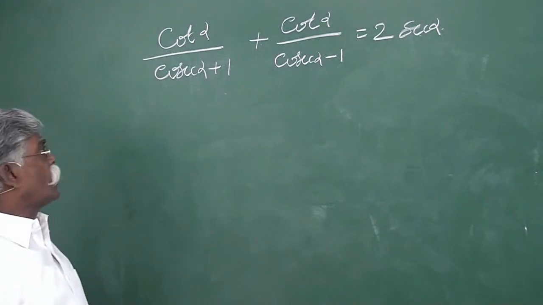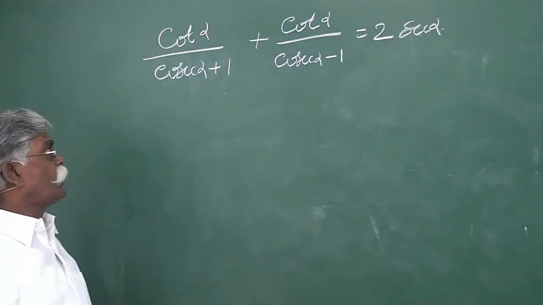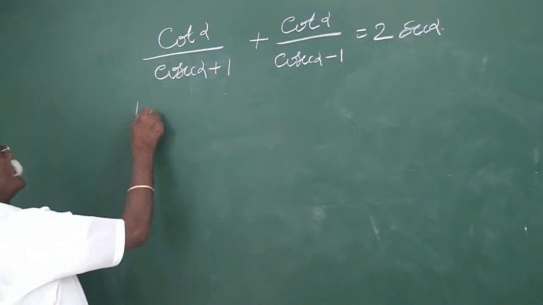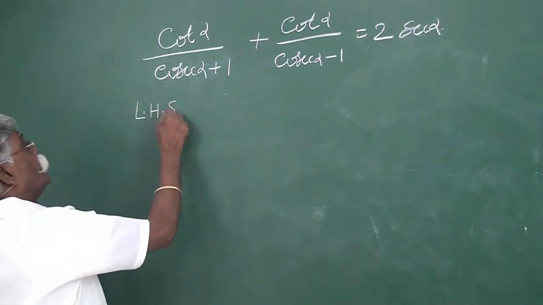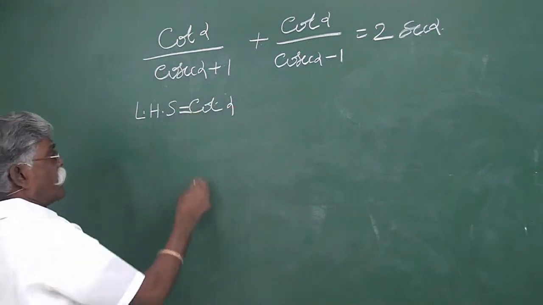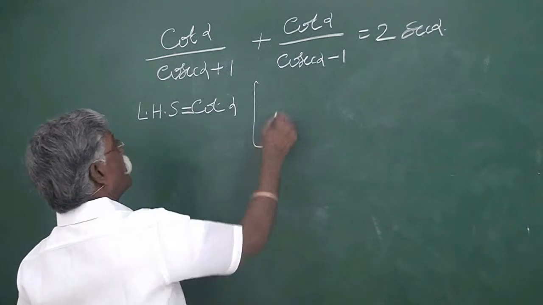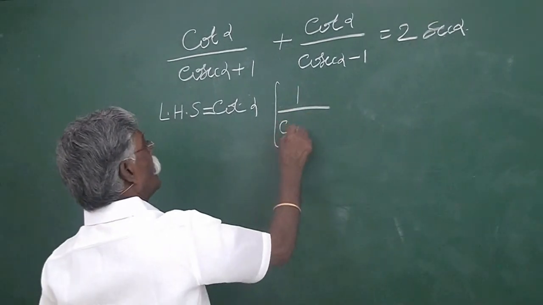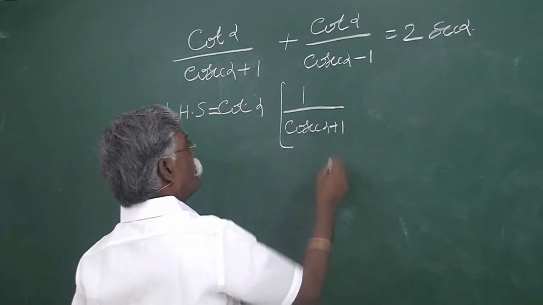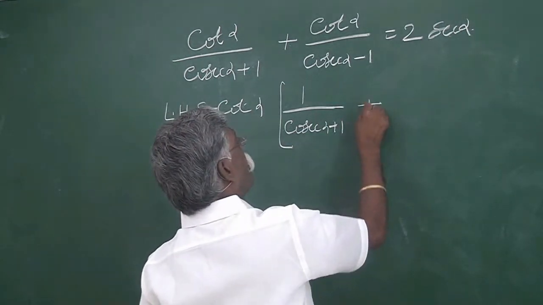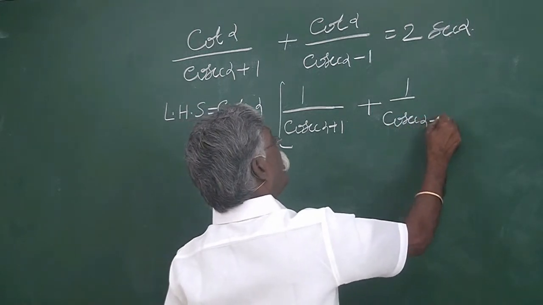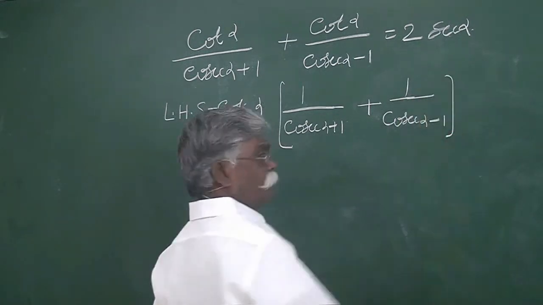Now, this is also similar to the previous problem. So in LHS, cot alpha can be taken as common factor. Then here we are left with 1 by cosecant alpha plus 1 plus 1 by cosecant alpha minus 1.